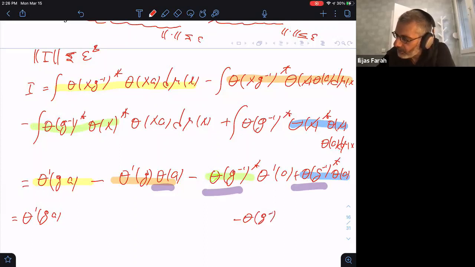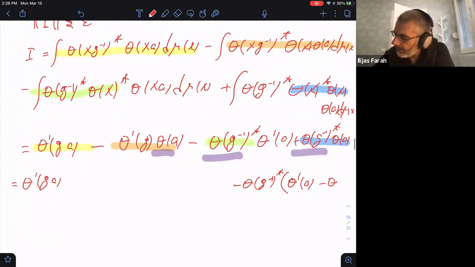So this is theta G inverse star times theta prime of A minus theta of A. I want theta prime of A, yes.